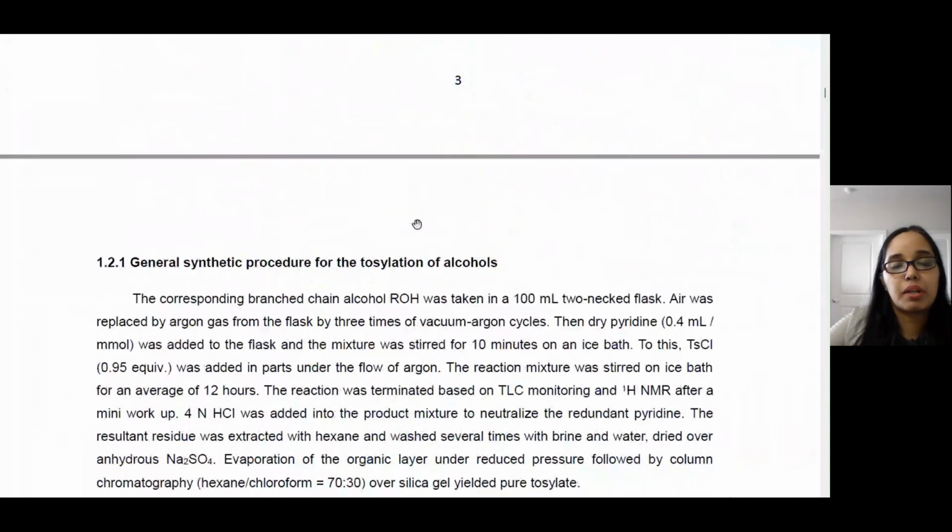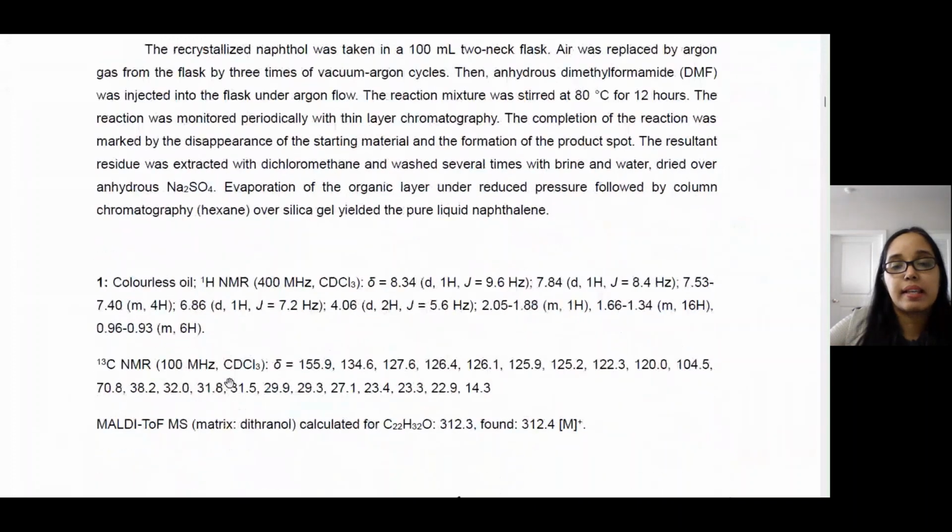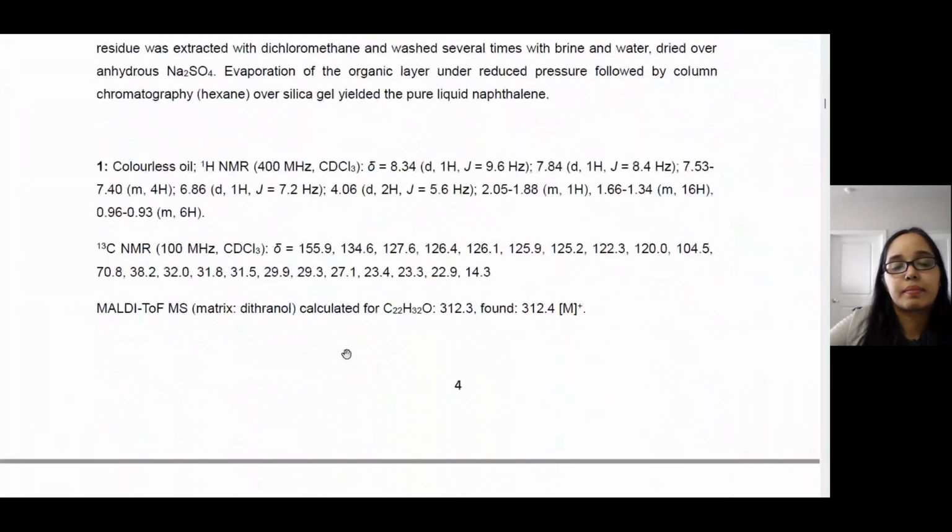So here all the molecules are there, and then how it is done. So all this particular big paragraph is how it is synthesized, and then how it is characterized. So it is characterized through proton NMR, C13 NMR and a mass spectrum. So all those details are there. So if you synthesize it again, your molecule should have exactly the same spectrum.